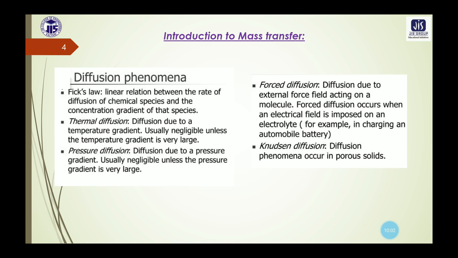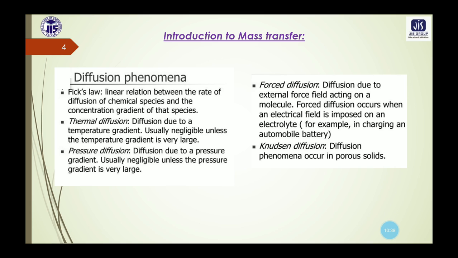Now let us discuss the diffusion phenomena. Here you can see Fick's law is written. In the conduction mode of heat transfer, we saw a rate equation known as Fourier's law of heat conduction, from which we got the concept of thermal conductivity.